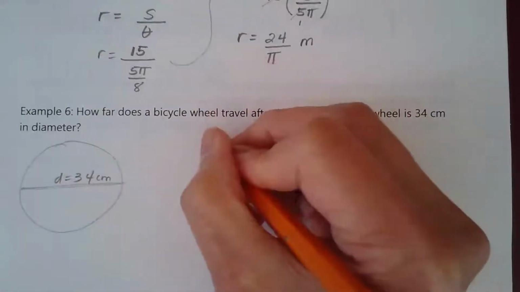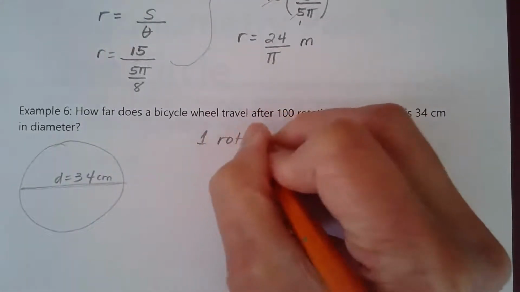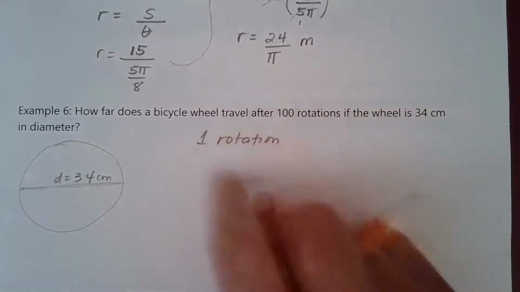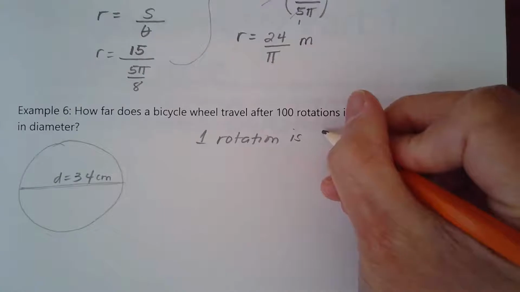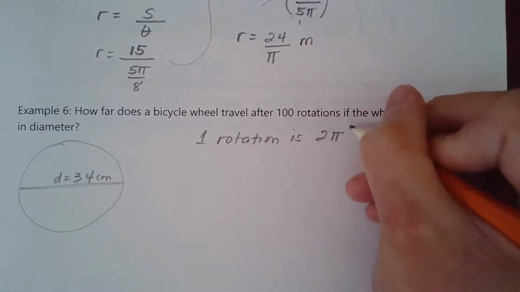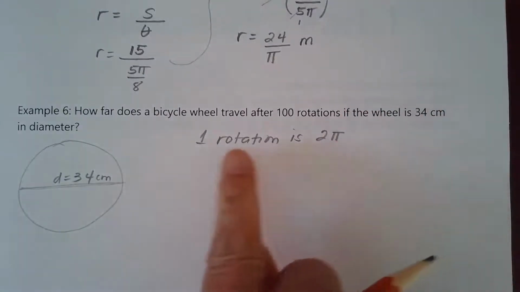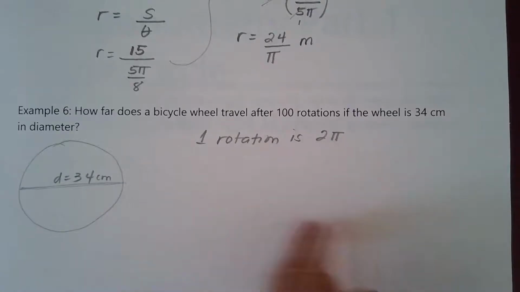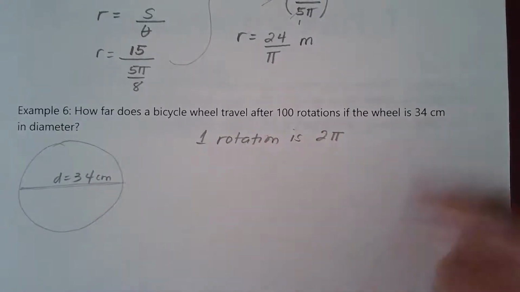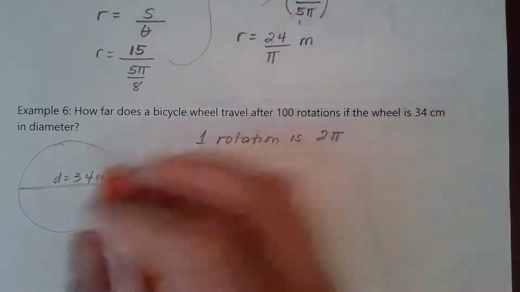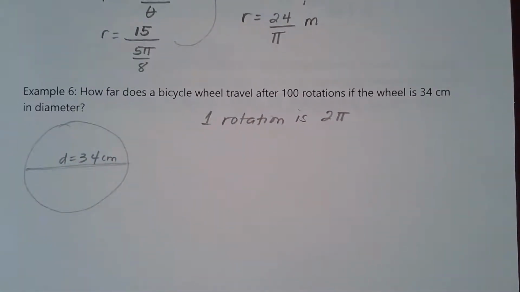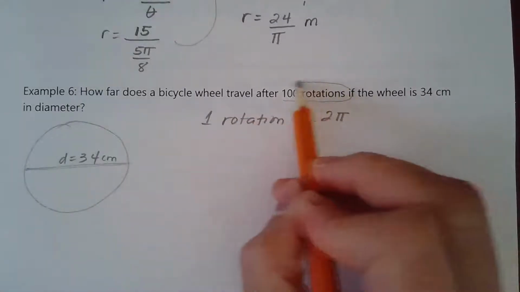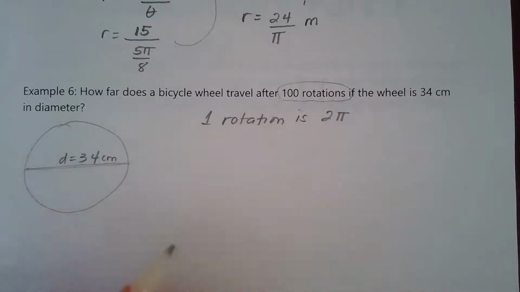So you know that one rotation, that's one complete one, is going to be 2 pi radians. So we know that one rotation gives us a 2 pi radians angle. Now, if we have rotated 100 times, what's the angle there?